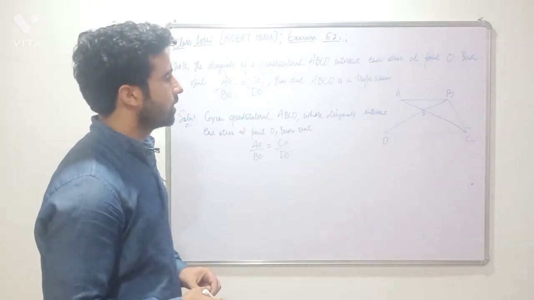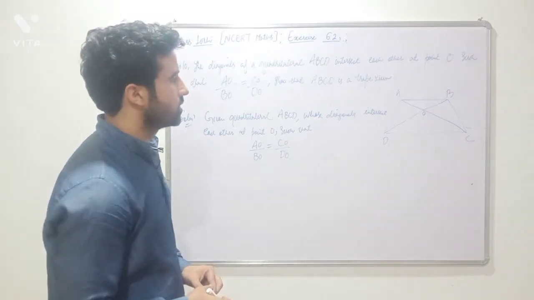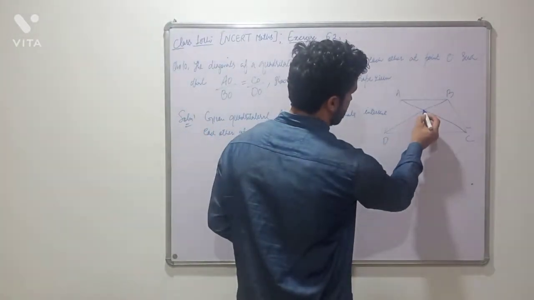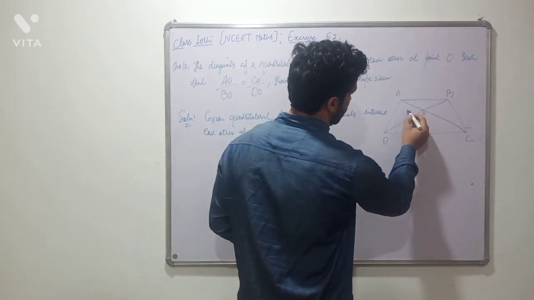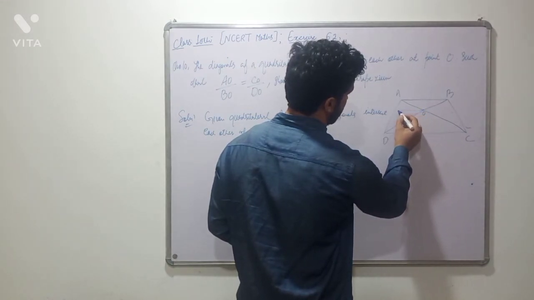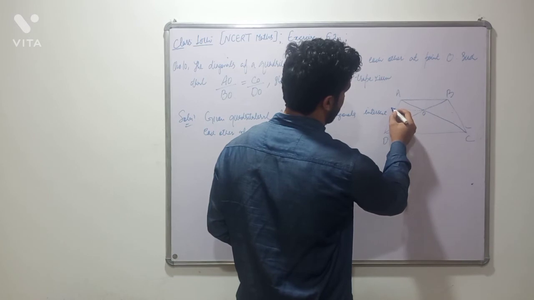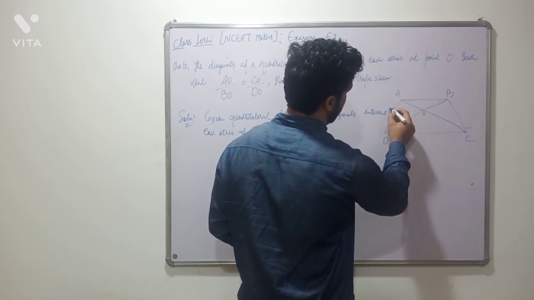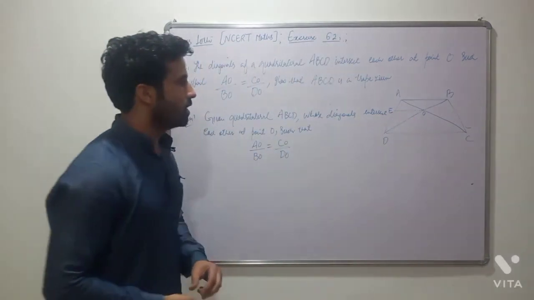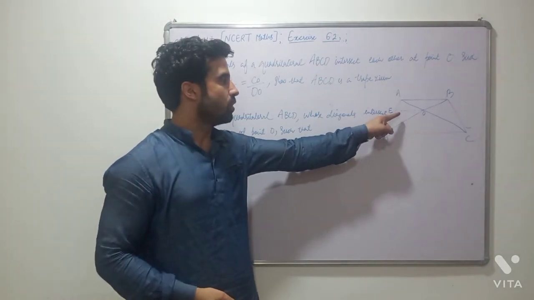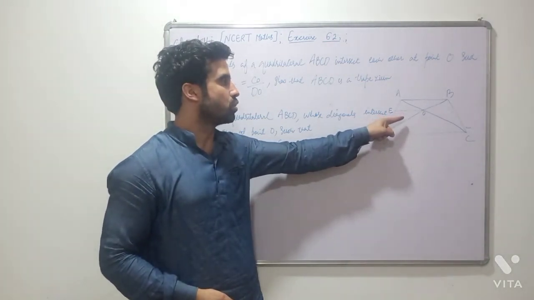देखिए हम यहाँ पर एक लाइन ड्रा करेंगे. We will consider the line drawn from point O, and the line is OE here. We will assume that OE is parallel to AB.